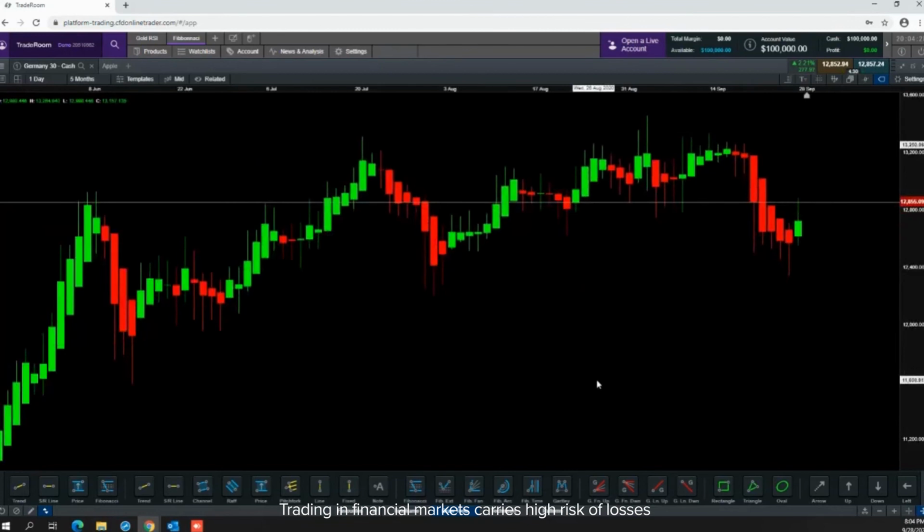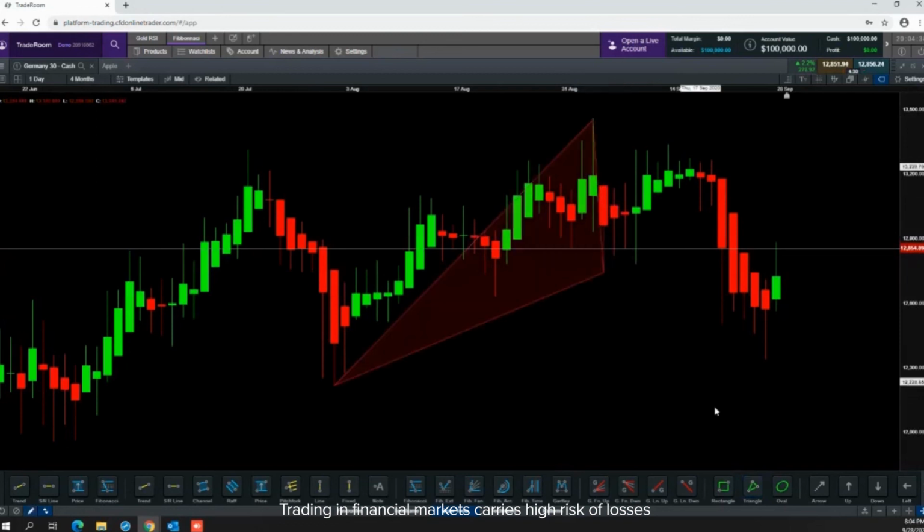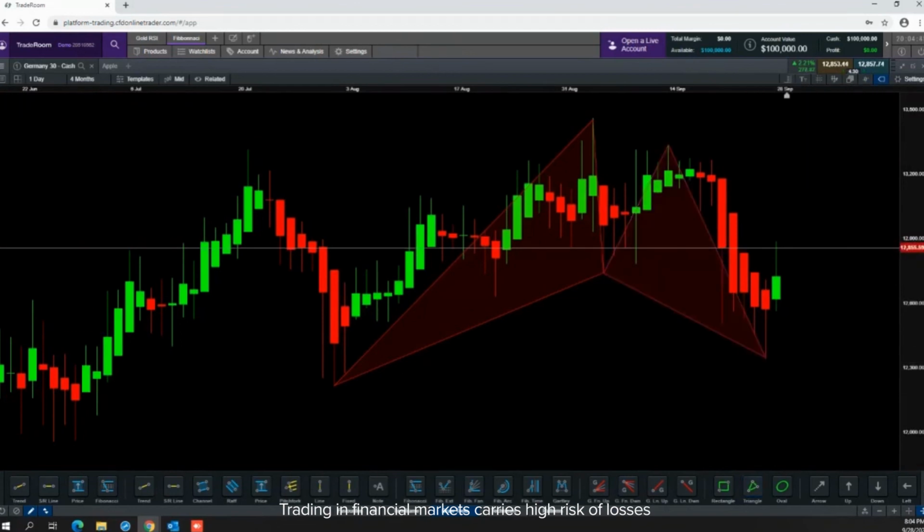All right, so basically the pattern looks somewhat in this manner, right? This is what the pattern looked like. Now, the challenge is, are these patterns falling into the Fibonacci that we just looked at, at least the Fibonacci numbers.